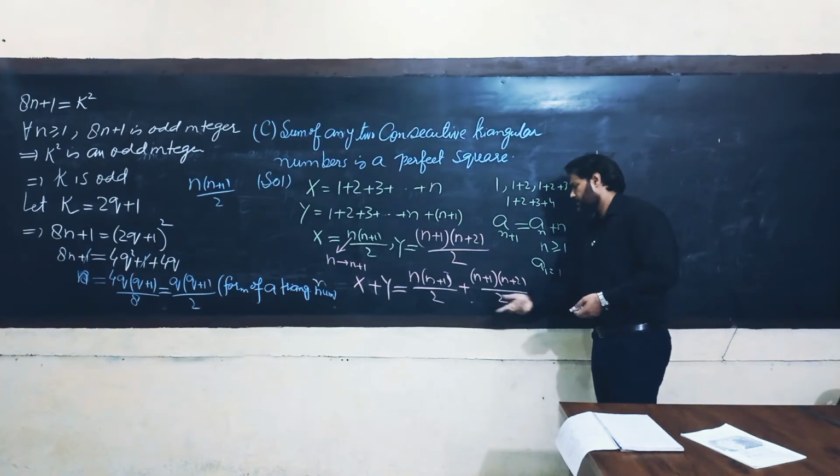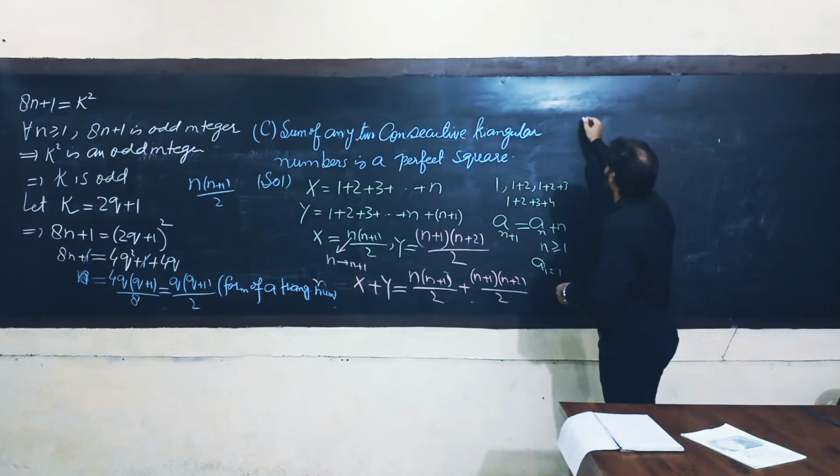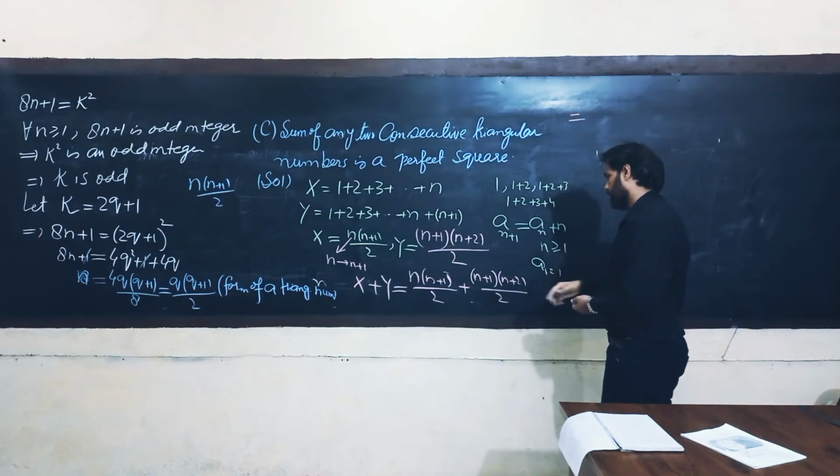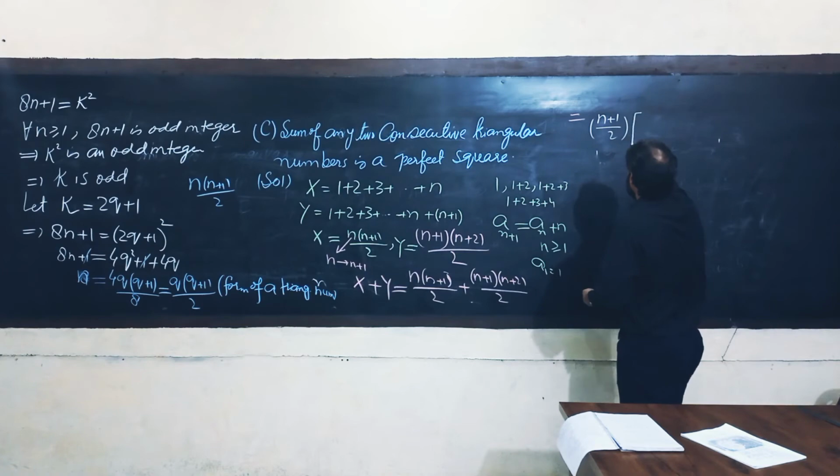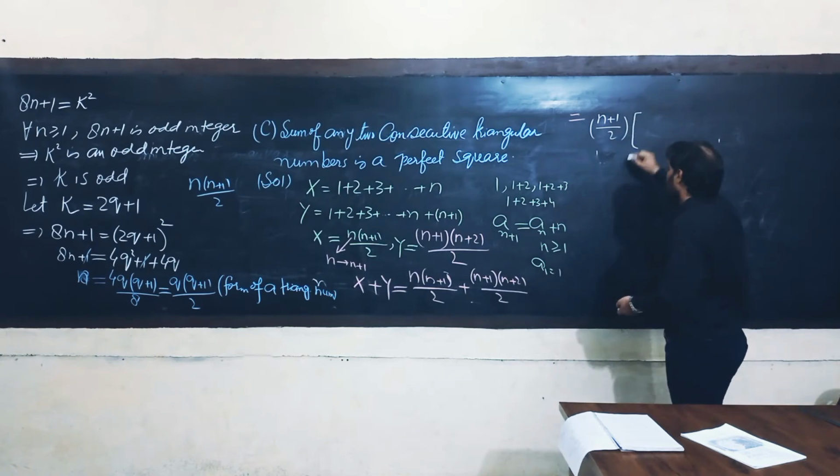Now this is just a simple calculation. By taking n plus 1 by 2 common, the remaining is n plus n plus 2.